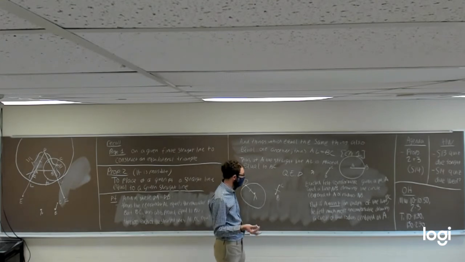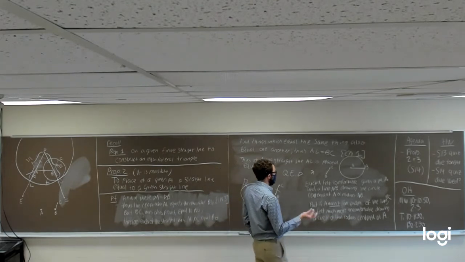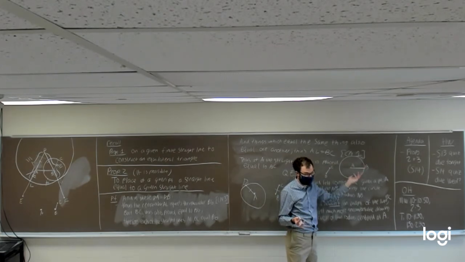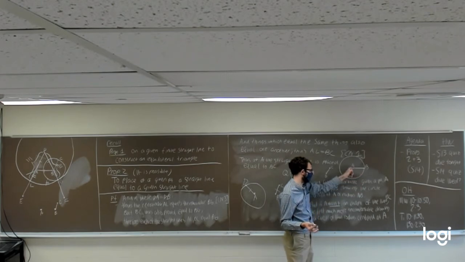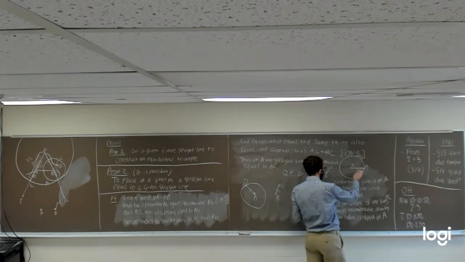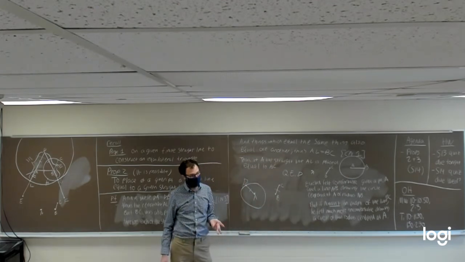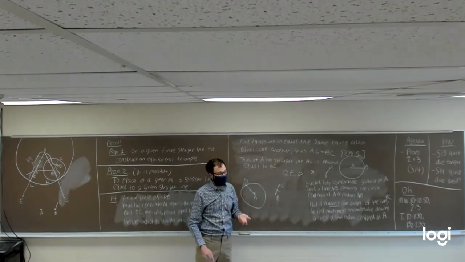That would be a good way to describe it. It's a lot easier here to prove all your points on this circle are the same length because you just use the compass centered there, and it's clear that all of these points are the same distance away from A. Whereas here, once you come back later on and look at it, it's a lot less obvious that that's the case.